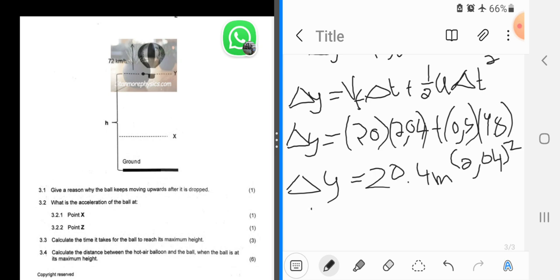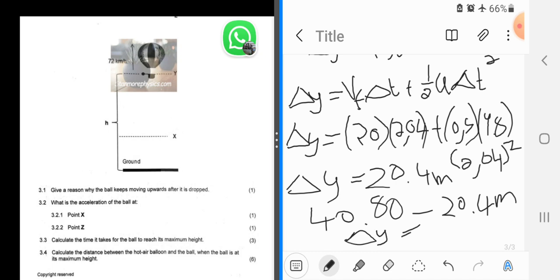So we'll take the 40.80, and then we will minus the 20.4 meters, and then change in y, and then yeah, the final answer will be that the distance is 20.39 meters.